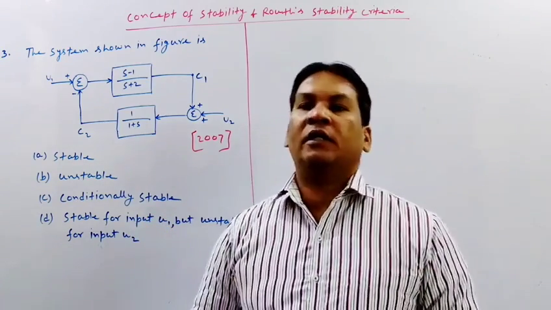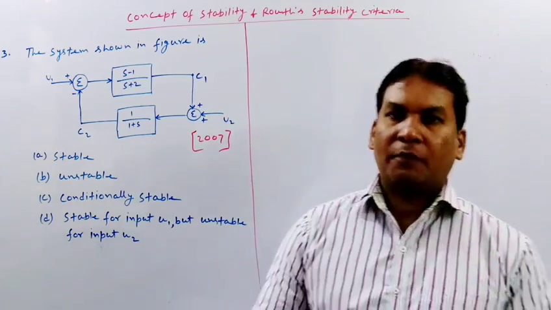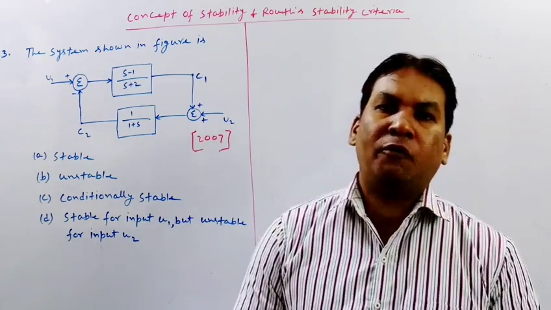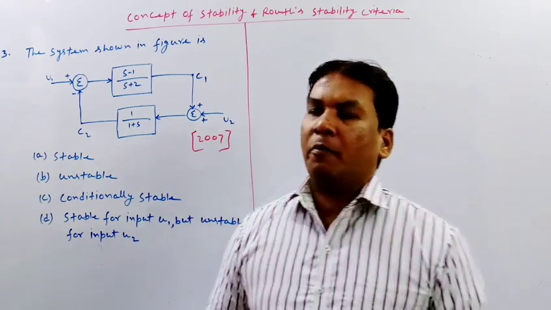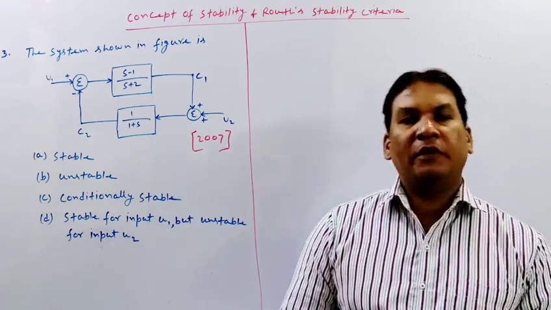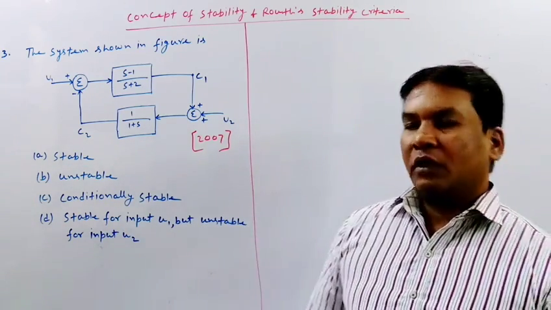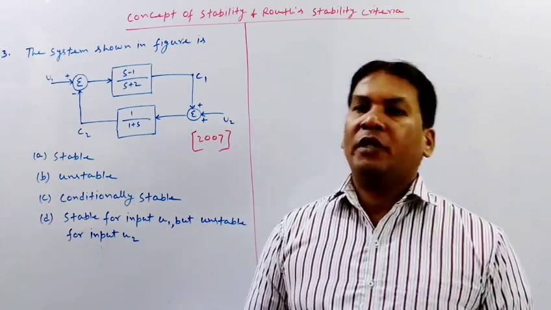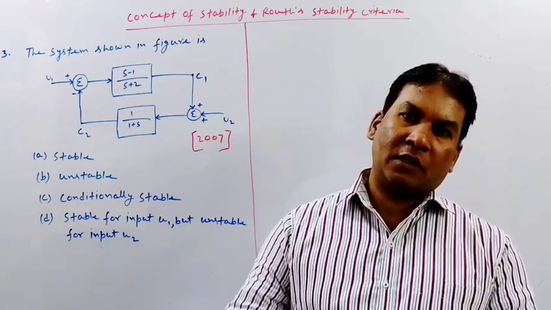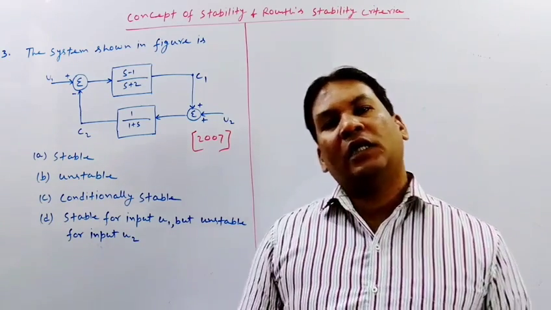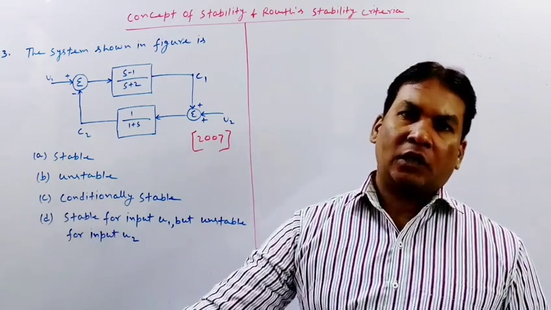Suppose you are driving a cycle and you are not giving any input. How do we give input to the cycle? We pedal it, and by pedaling we give torque to the cycle, so the cycle moves. Suppose we are not pedaling, and initially the cycle has some speed, say 10 km/h. After some time it must stop.